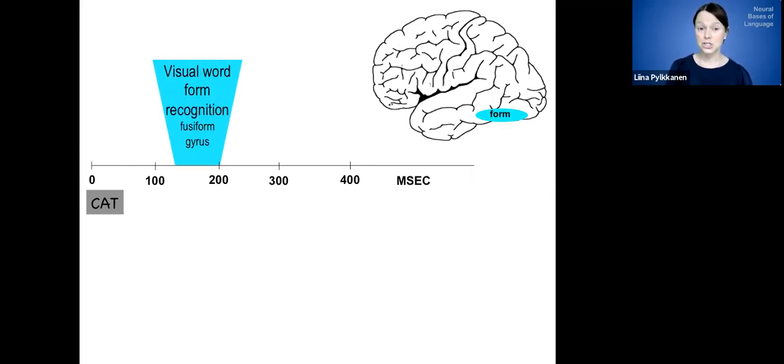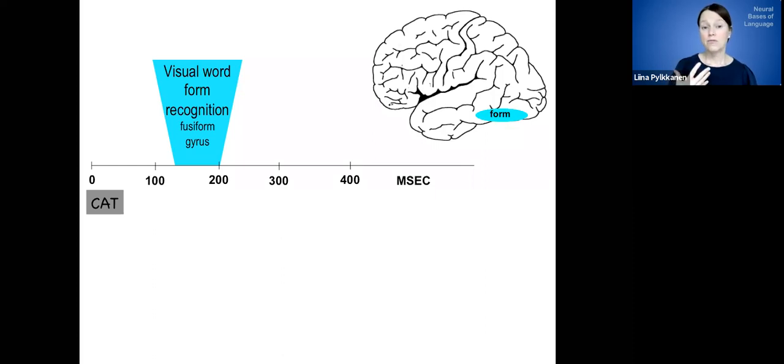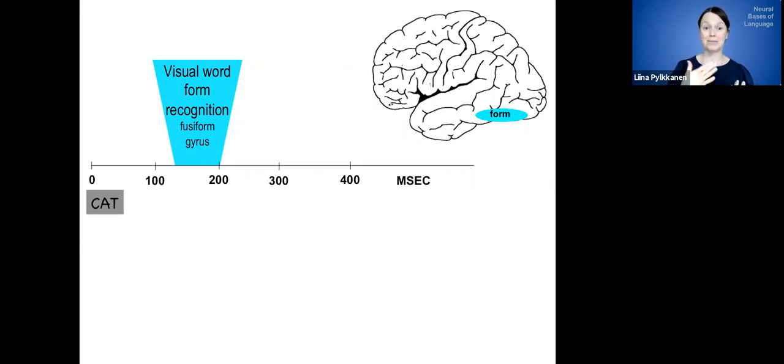When we measure the time course of this activity, it peaks around 170 milliseconds. We find that your brain seems to be separating between visual word forms and letters as opposed to other types of visual stimuli. So that's where uncontroversially the sensitivity to the visual stimulus starts. And when I say uncontroversially, I mean that everyone agrees that by this time it has started. It might even start earlier.